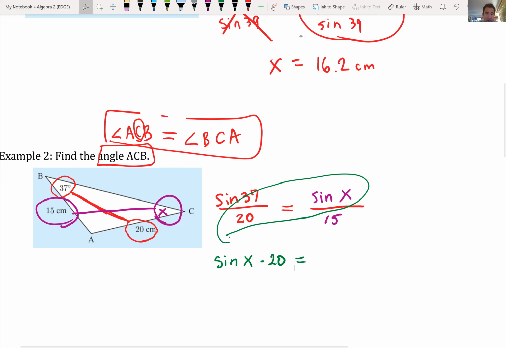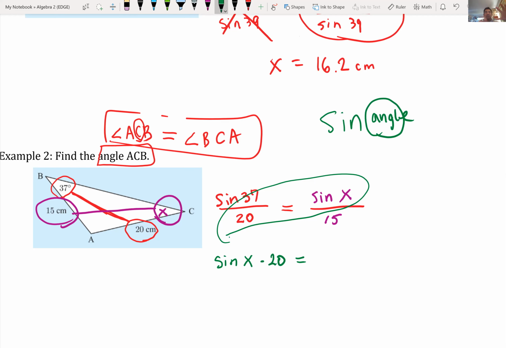because always, whether you're using sine, cosine, tangent, whatever, it's always sine of an angle measurement. You can't do sine of 15 because 15 is not the angle, is it? It's 15 centimeters. That's the length of the side, but it has to be sine of an angle measurement, like sine of 37, right?